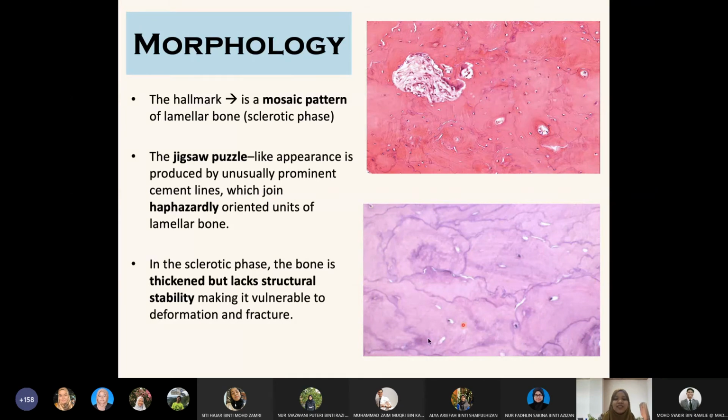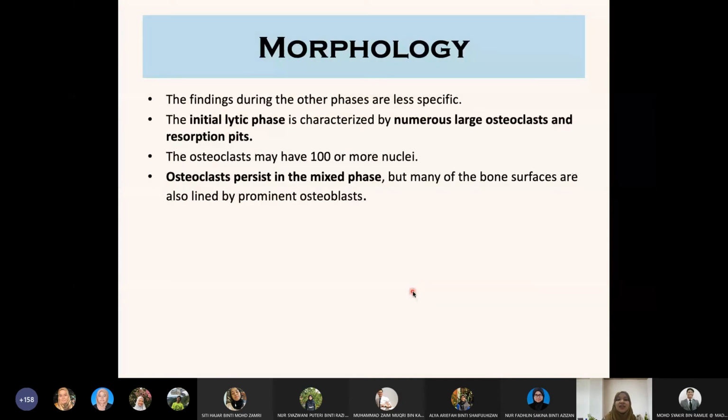So these are the characteristic histological features of Paget. If you get this in the exam, please think that this is Paget. Okay, you cannot find the mosaic pattern in other conditions. So the mosaic pattern occurs in the sclerotic phase.